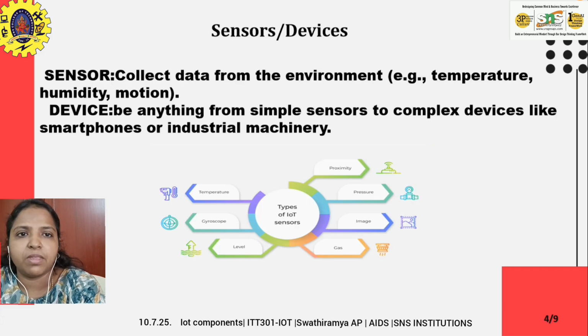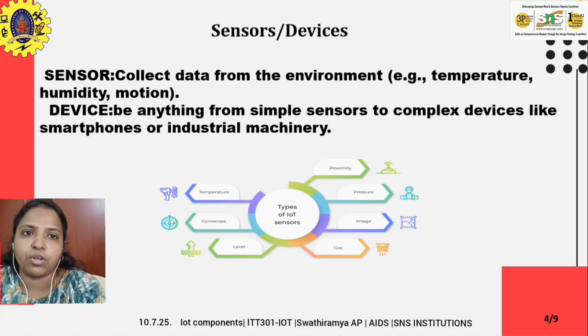So let's see the components of IoT. Let's start from the basic things. The first step of IoT is to collect the data from the real-time environment, so we need sensors. For example, if we need the temperature of the room, you need a temperature sensor. If you need the humidity of the soil, you need a humidity sensor.